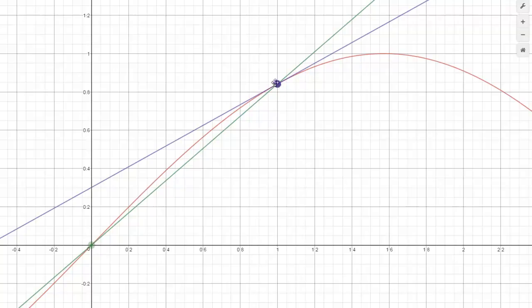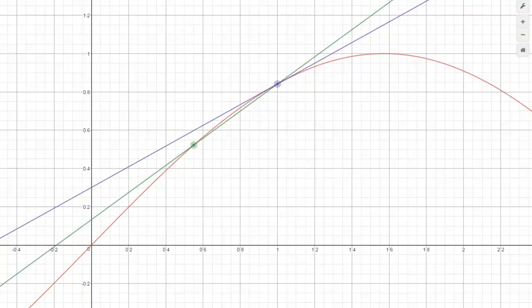The x value of the purple point is 1. The x value of my green point is 0. So as that distance decreases, notice the green line again becomes a better and better approximation of the purple line until it's not an approximation anymore, it's the actual tangent line.